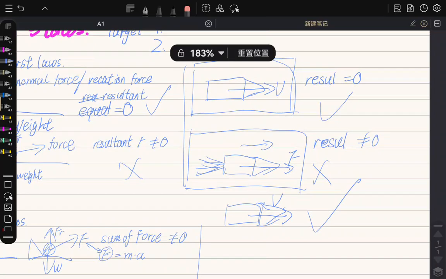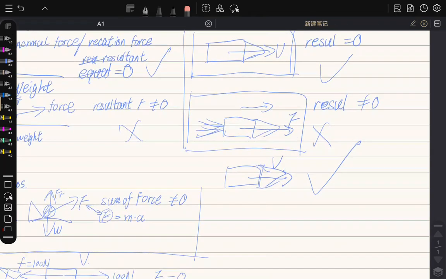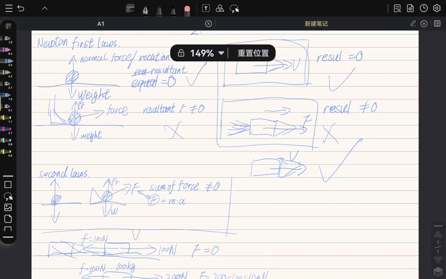And the second situation is the rocket. A rocket is moving forward in space, and the resultant force is 0. But when the engine of the rocket is on, the rocket gets a force, and the resultant force is not equal to 0, and the first law does not apply.